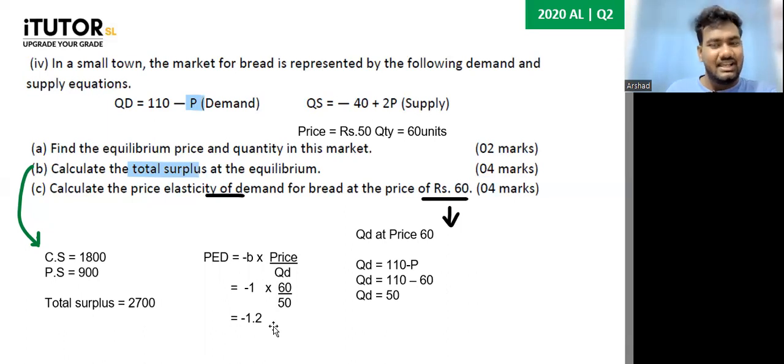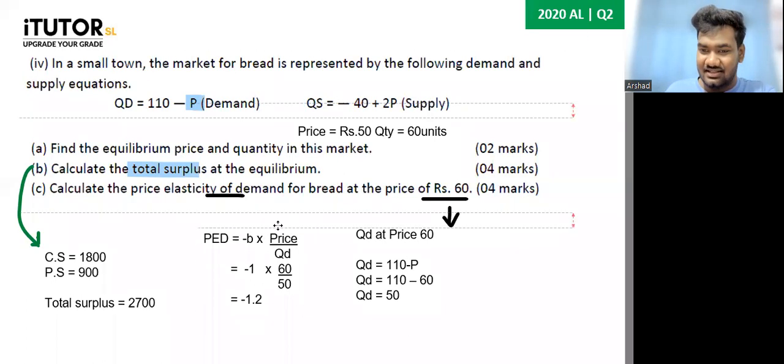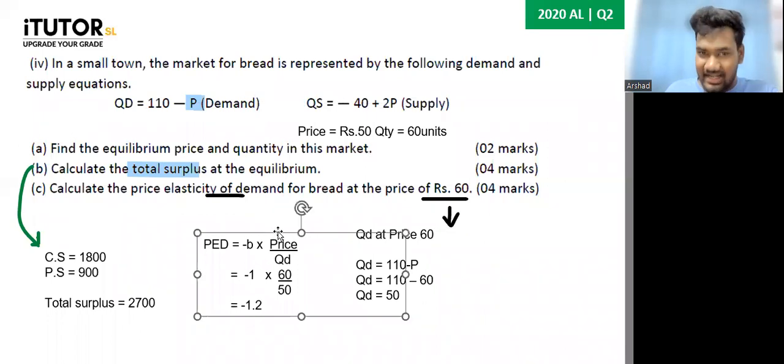What is it, guys? Elastic, inelastic, unitary. What is it? 1.2 is elastic, not inelastic. Inelastic is less than 1, no, guys. Elastic, more than 1, right? Guys, don't confuse easy ones like this. Forget about the minus. Don't think about the minus when you're interpreting.